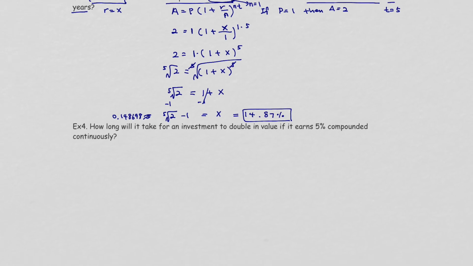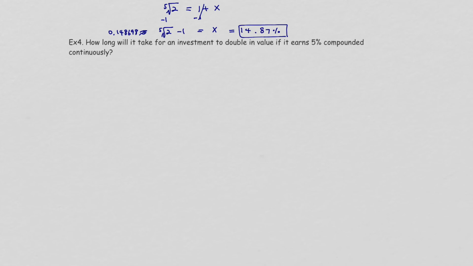Let's try one more that's related to interest formulas, right? So this problem right here, it says how long will it take? So this time you're looking for T. For an investment to double, again double the value for the 5% compound continuously.